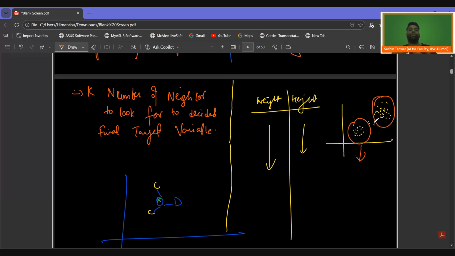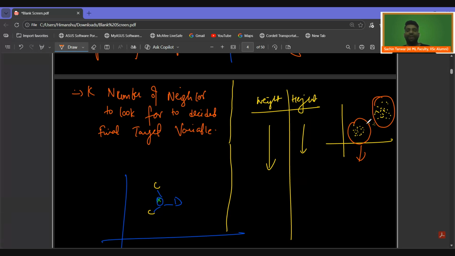Now, how does it work? In KNN, we were talking about the nearest neighbor. In K-means, we first try to decide how many clusters are present. That means how many categories or regions can be formed while plotting this particular set of data points.